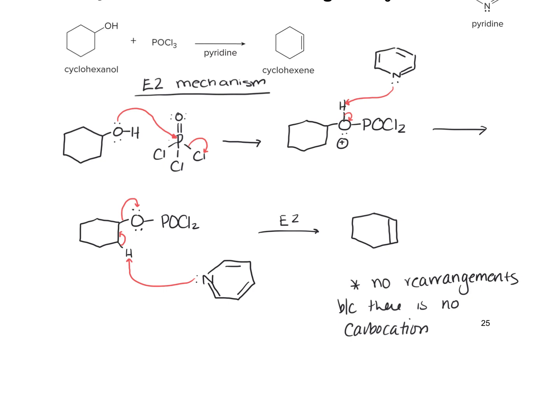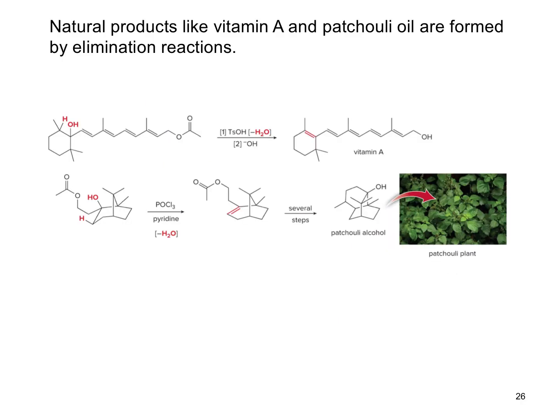So at this point, we've learned about 2 reagents for alcohol dehydration: a strong acid like sulfuric acid, or POCl3 and pyridine. The reason it's helpful to have two different methods to do the same thing, go from an alcohol to an alkene, is it's hard to know which one to use ahead of time. Both of these methods are used, and I wanted to show you these methods in natural product synthesis.